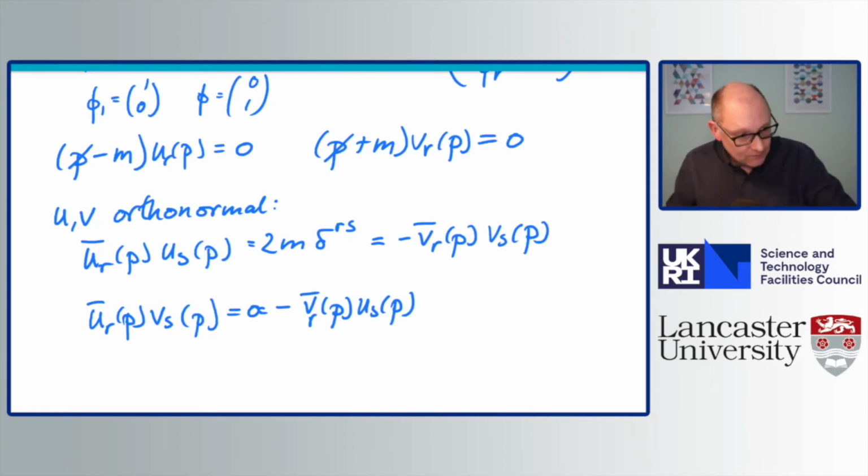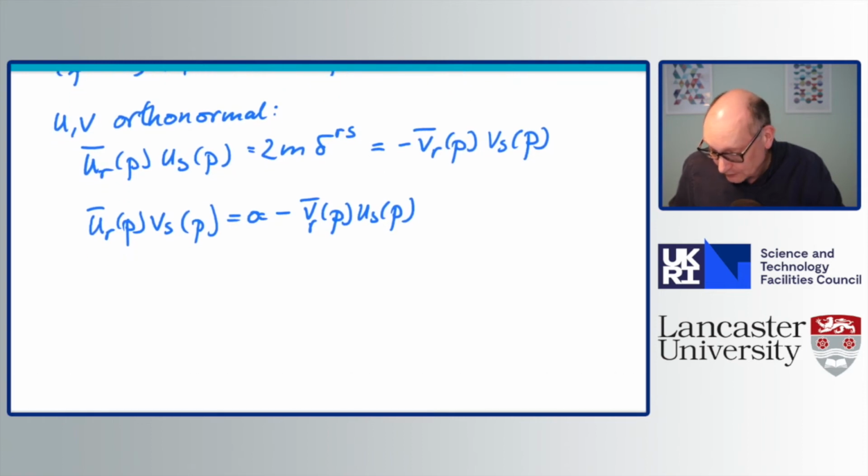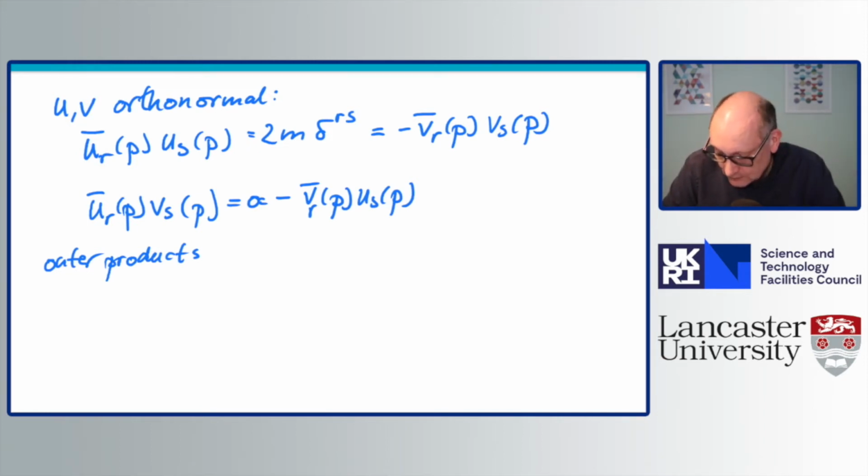So these are some very useful relations that will help us in calculating scattering cross-sections, but they're the useful relations for the inner product, so to say, where you take a row spinor with a column spinor and get a single number out. One can also take the outer products, that means take two vectors, column vectors, row vector, and make matrices out of them.